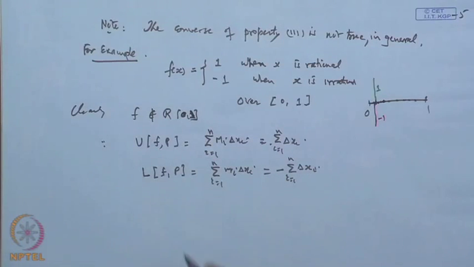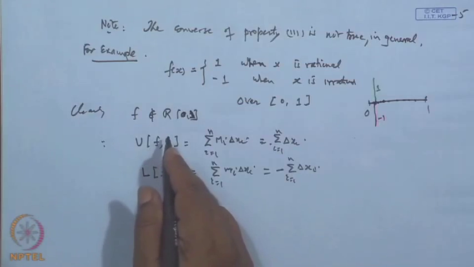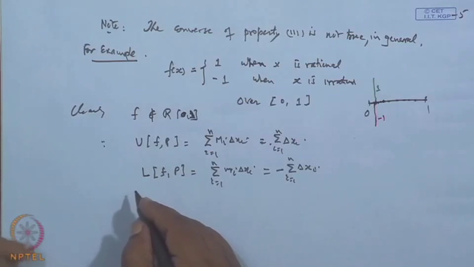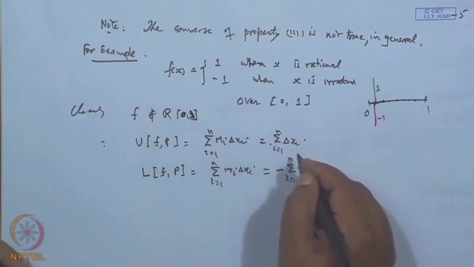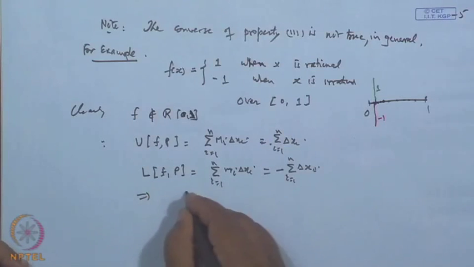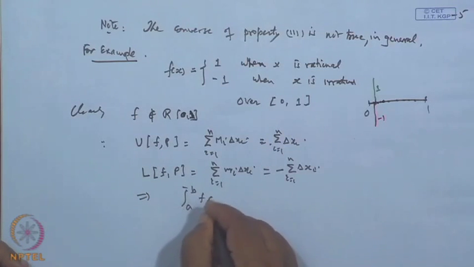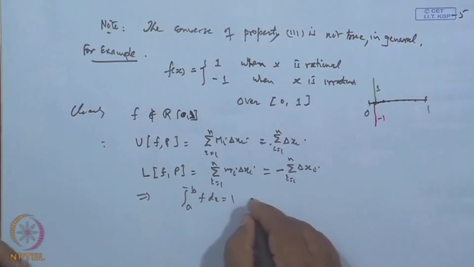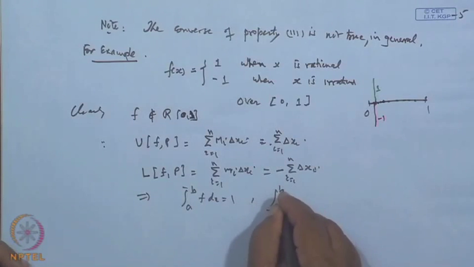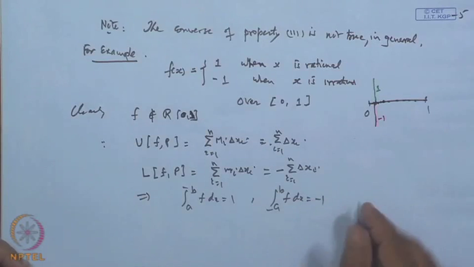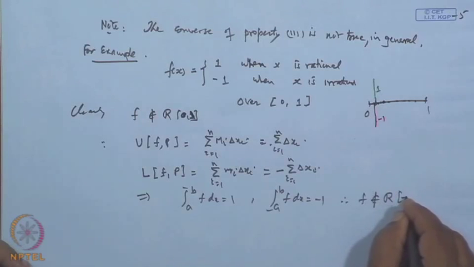When you take the infimum and supremum over all such partitions, this implies that the upper integral of f dx is 1, while the lower integral of f dx is minus 1. So they are not equal. Therefore, f cannot be a Riemann integrable function over the interval 0 1.